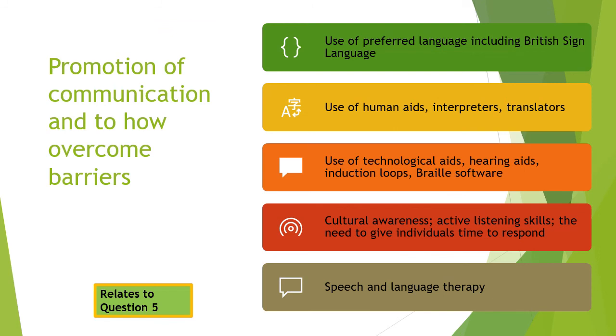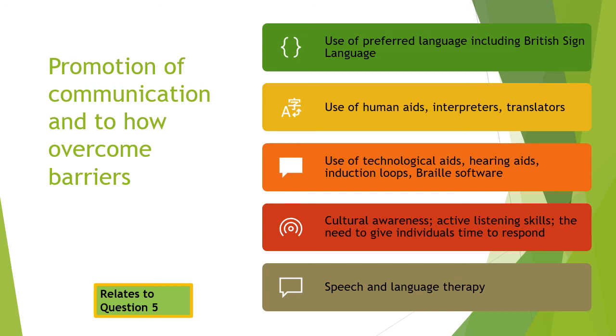So we're now going to look at slides relating to question number 5, and we're going to look at the promotion of communication and how to overcome barriers. So the barriers that we talked about in the last question, how can we overcome them? So here's some examples. Using preferred language, including British Sign Language. If we know somebody's preferred language, we'll know that we have to use that.